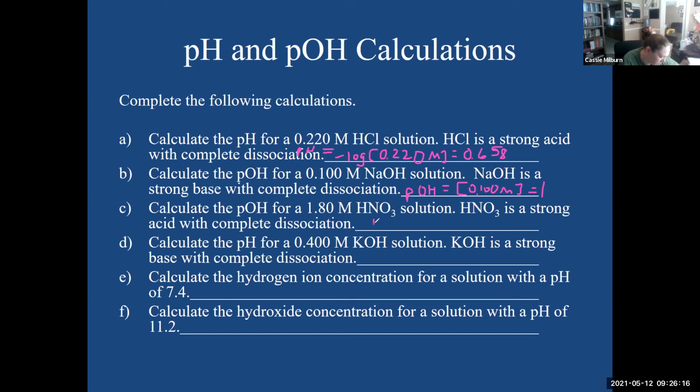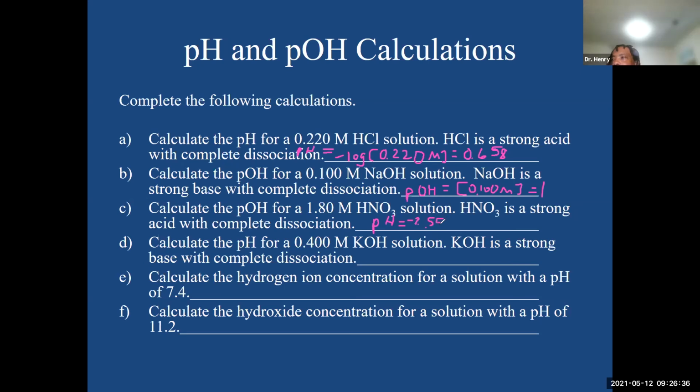I got negative 0.255. So that would be the pH, right? So the pH is negative. You said negative what? 2.55? Yeah. 2.55.